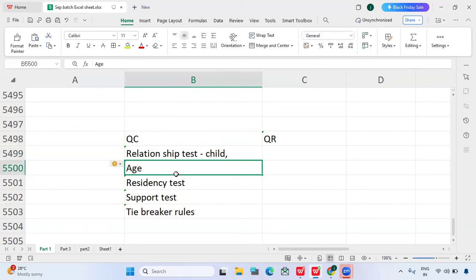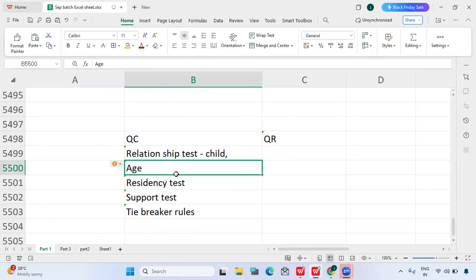So age should be under 19, or 24 if it is a full-time student. So who can be a full-time student? At least go to college 5 months in a year. Yes. And also permanent disability, no age test. And also the qualifying child should be younger than the taxpayer, right?